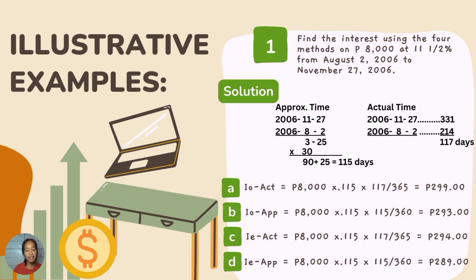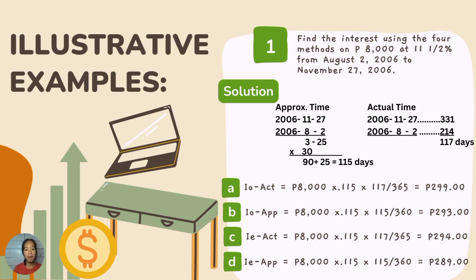Our principal is 8,000 pesos times the rate, which is 11.5% or 0.115, times 117 since it is actual time, divided by 360. Our answer is 299 pesos.